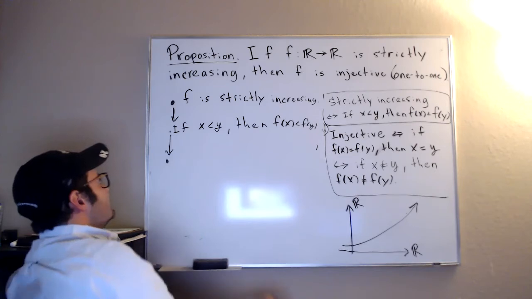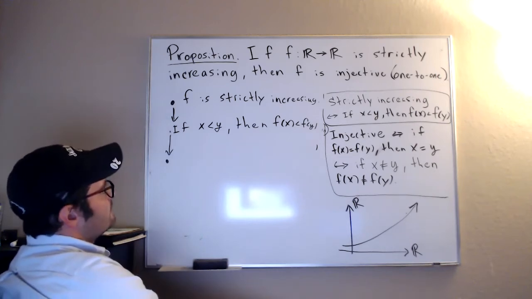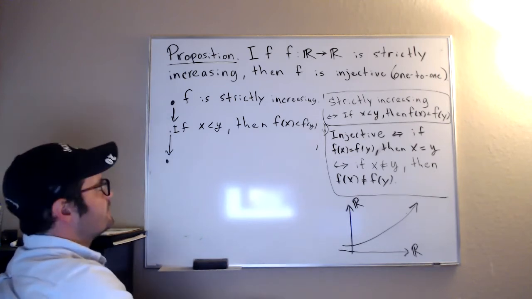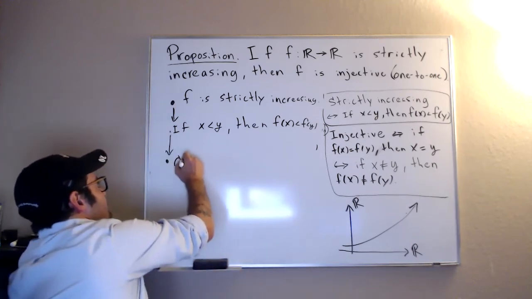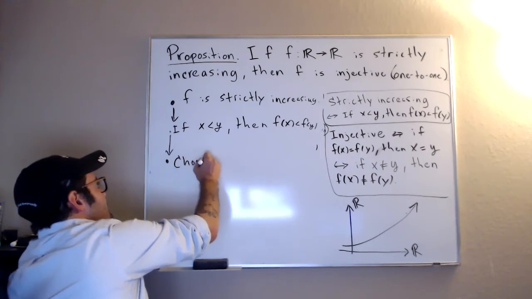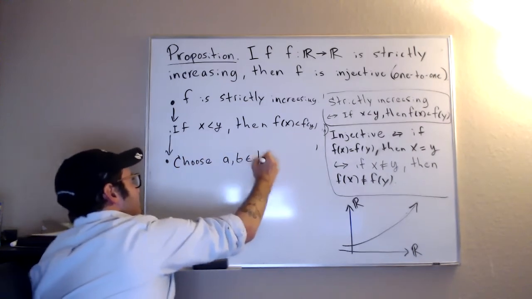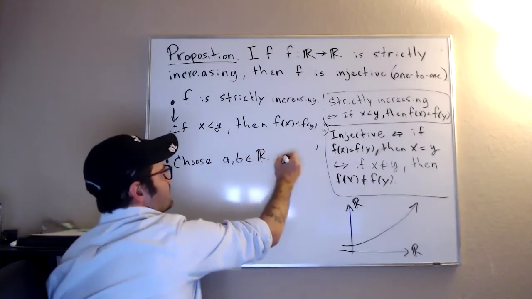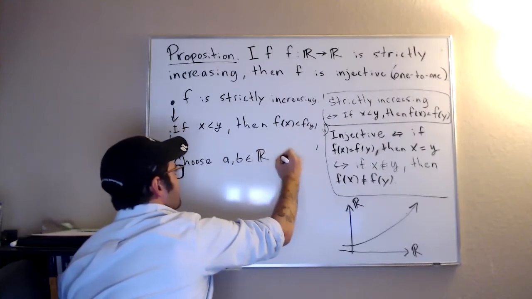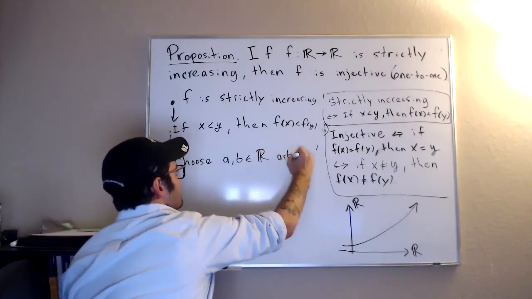So what we can say is, maybe I'll switch up the letters. I can say something like, choose A and B in the real numbers arbitrarily.